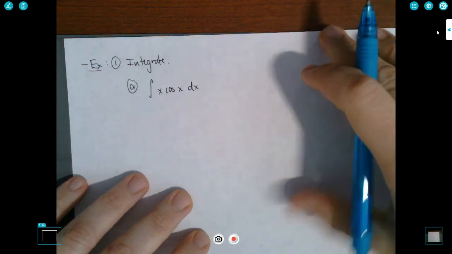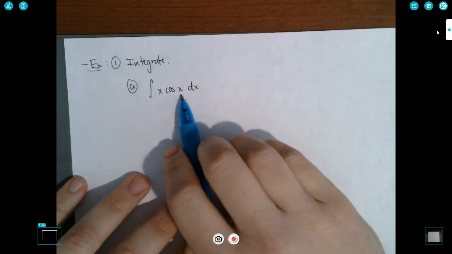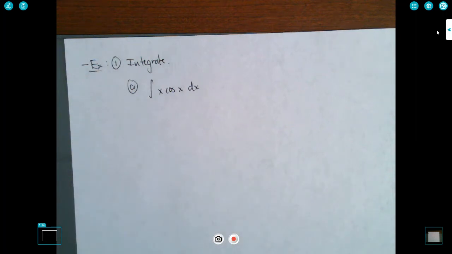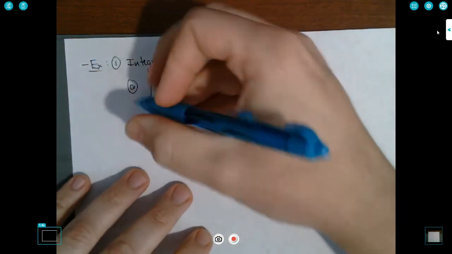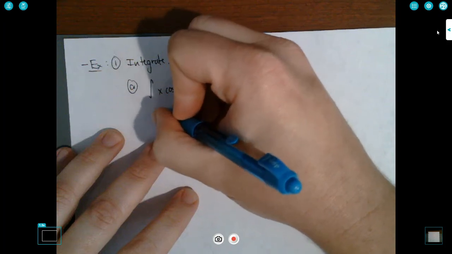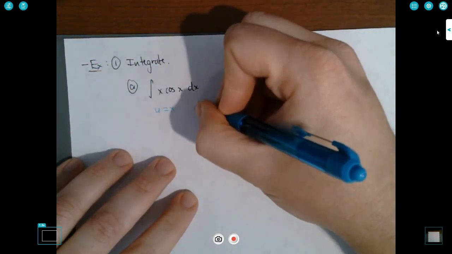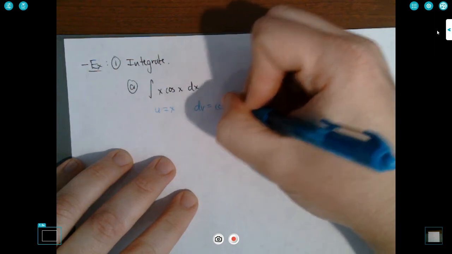Because we have a situation where we have one function times another function, integration by parts will help us here. So I'm going to let u be x, and I'm going to let dv be cosine x dx.